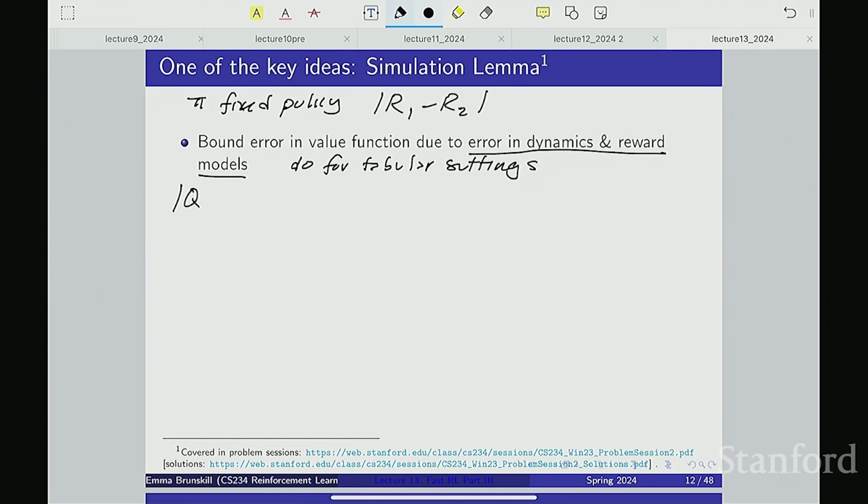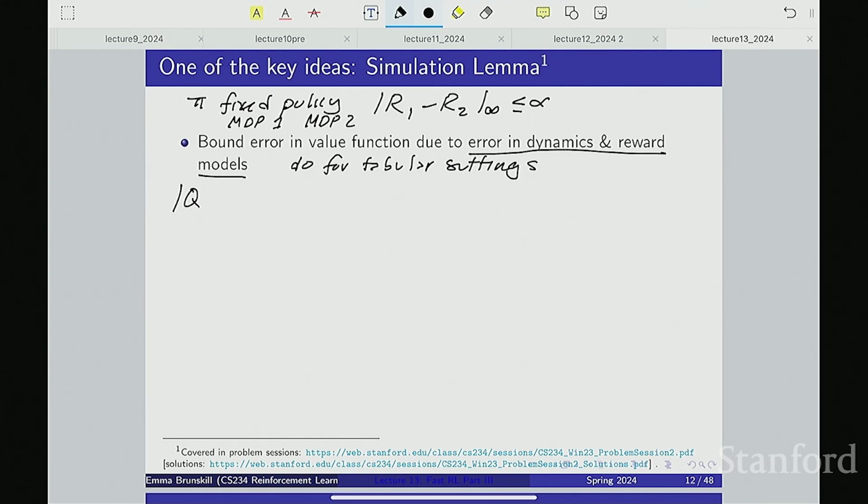We're going to assume that we have two different MDPs, MDP1 and MDP2, and these might have slightly different reward functions and slightly different dynamics models. Remember that with the infinity norm, this is the place where the two reward functions differ the most over our finite state space. So if one of them gives rewards of 1, 2, 7, 3, and the other gives rewards of 2, 6, 1, 7, we would figure out for which state the two rewards differ the most. Let's assume that's upper bounded by alpha.